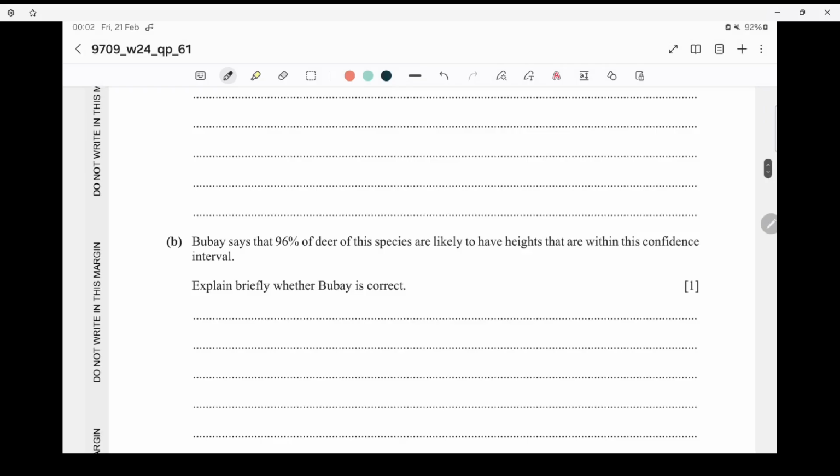Part B. 96% of deer of this species are likely to have heights within this confidence interval. Whether or not she's correct, the answer is no, because the confidence interval is about the mean of a sample.